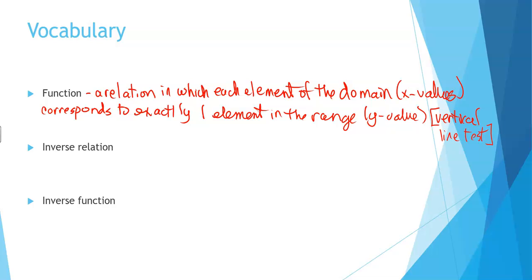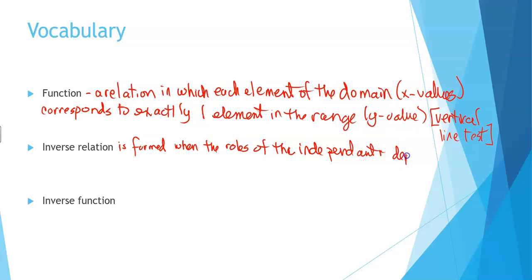So the inverse relation, and we're going to go through some examples of these in a little bit, is formed when the roles of the independent and dependent variables are reversed.